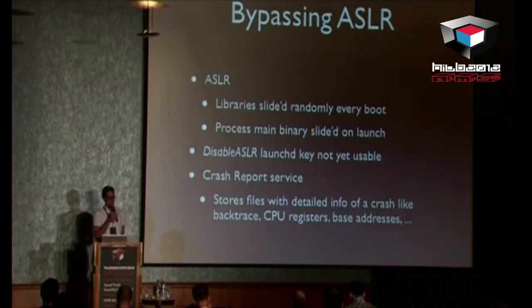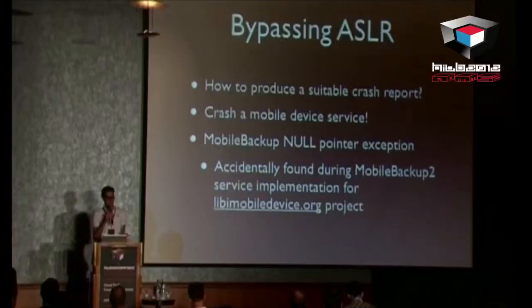If a program crashes, it produces a really detailed crash report with some useful information like a backtrace where the crash happened, CPU registers, and the base addresses of the libraries used, so this is actually a gift, because we can now get some vital information for our exploit.